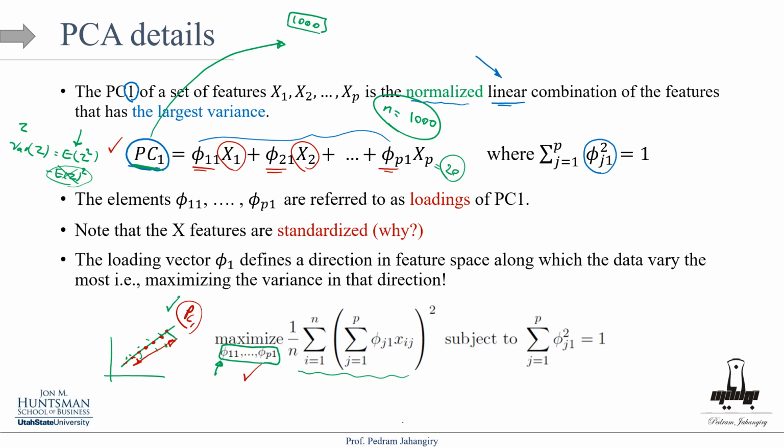For every single observation, there's going to be one number attached to the principal component in that direction. We call them scores. In the next slide, I'm going to show you an example. Hopefully it makes more sense.